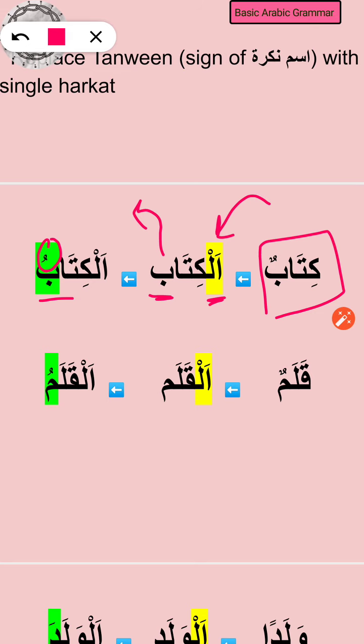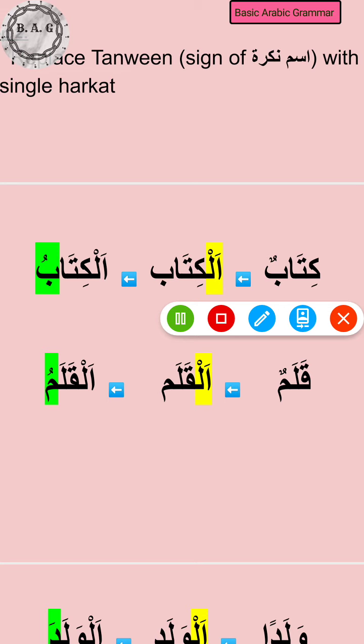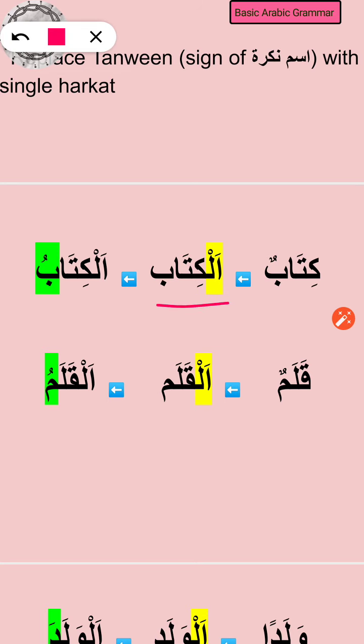So we have kitabun, which becomes al-kitab in the beginning over here. Okay, with the addition of al, the tanween gets out, and then we replace this tanween with the single harakat of the same irab. That's important. So that's all about it.